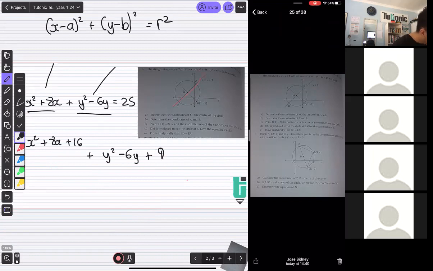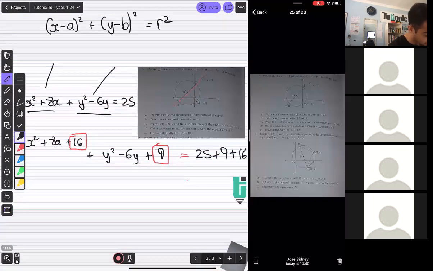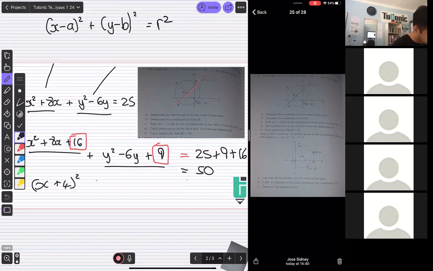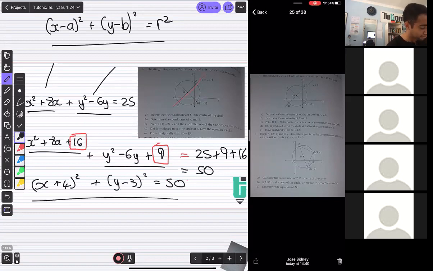But because I'm adding 16 and 9 on the left, what must I do? You must add it on the other side, right? So it's 25 plus 9 plus 16, which gives you 50. Then you can simplify these to become x plus 4 squared plus y minus 3 squared equals 50. And there's your circle equation in this form.